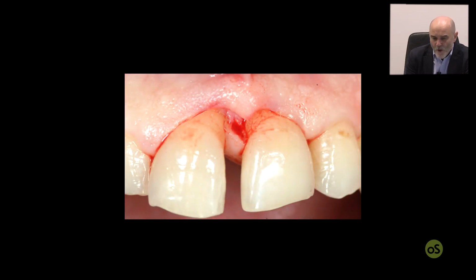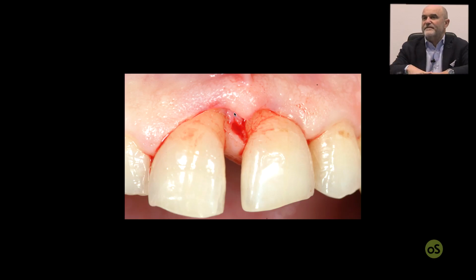And immediately once you open it, split thickness, in the so-called simplified papilla preservation approach, you see that this papilla has the tendency to shrink immediately because once you open the buccal flap, it always shrinks, especially if there is a frenulum, especially if the thickness of the flap, but even in this case, that is a very good keratinized flap with a good amount of keratinized tissue, immediately after opening this papilla has the tendency to shrink in apical direction. So it's not true that it stays there.